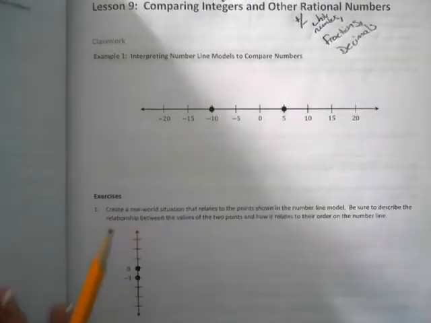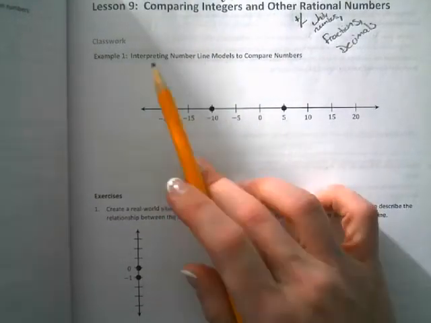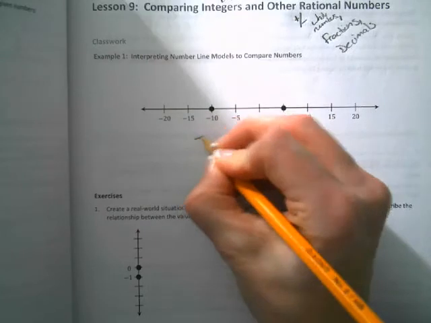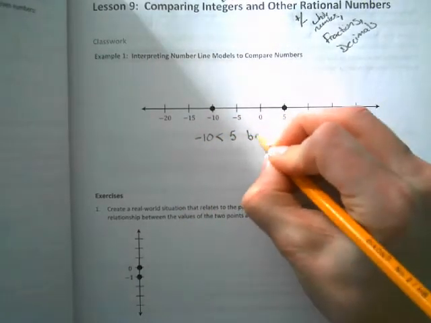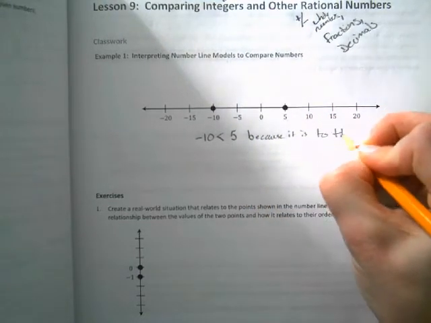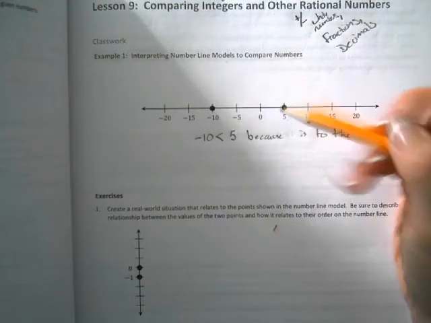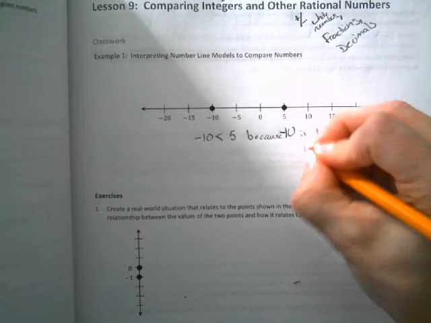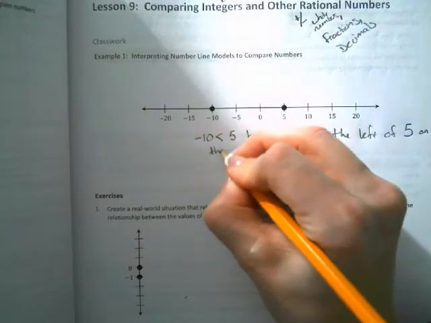So let's take a look at this first example. You have a -10 and a +5. So comparing these, I could say -10 is less than 5 because, I should say, the number -10 is to the left of 5 on the number line.